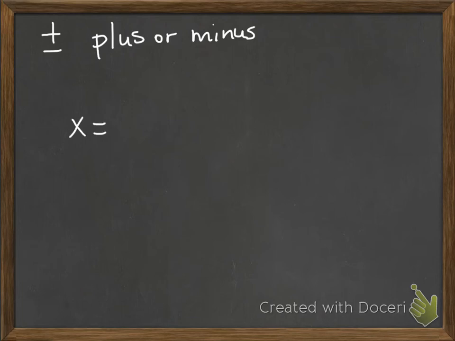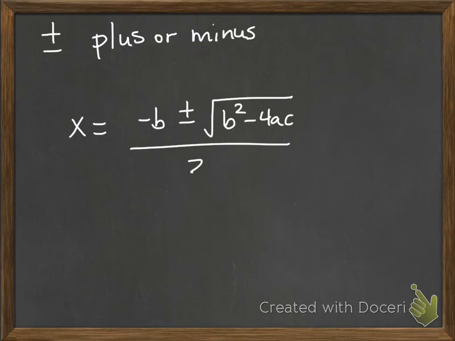But you also see it in places like the quadratic formula. In the quadratic formula, we have x equals negative b plus or minus the square root of b squared minus 4ac, over 2a. So this plus or minus right here means that this is actually two formulas.